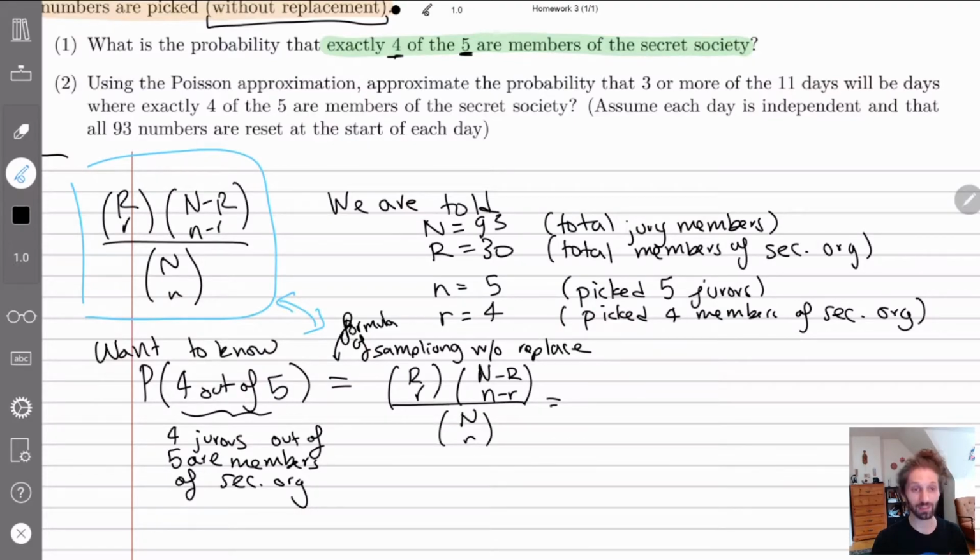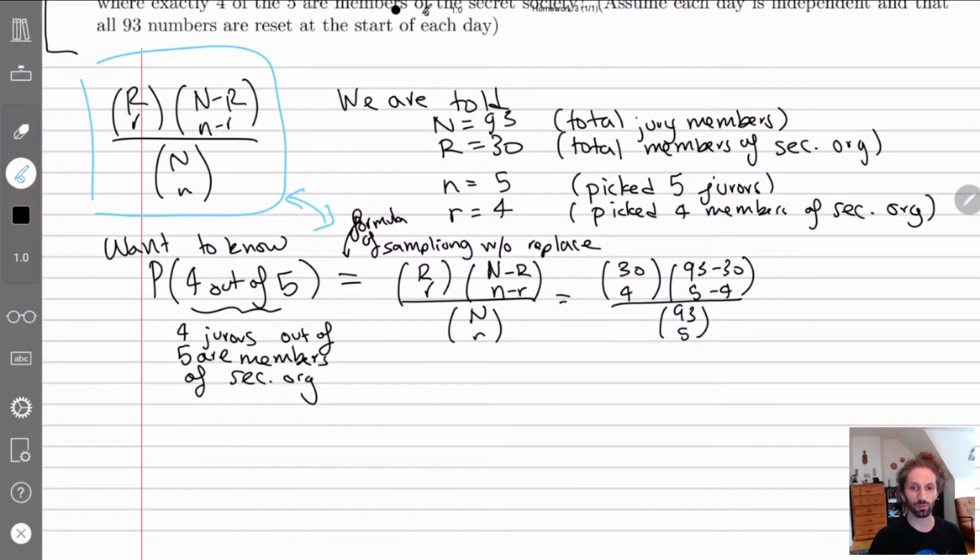At this point, we just need to plug in our values. So we get 30 choose 4, times 93 minus 30 choose 5 minus 4, divided by 93 choose 5. There's also another formula for this if you want. This second formula is n choose r, and either of these would have been okay if you want to use the orderings instead.